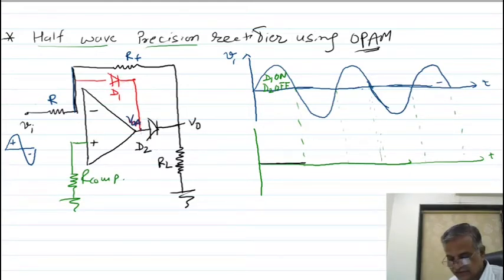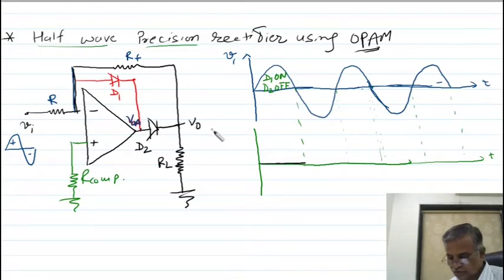As a result, you will get minus 0.6 volt here, because you are giving a positive to the inverting input, so you get the inverted sign, negative, minus 0.6 volt. As a result, diode D2 does not conduct. You will not get any voltage across RL, so the output is 0.